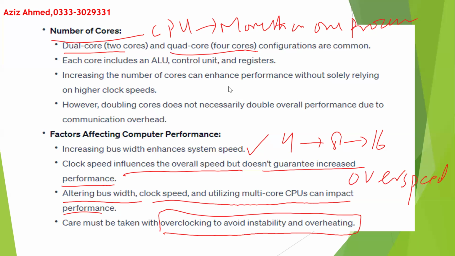When the speed of the computer performance increases, the synchronization of the computer operations is destroyed. Like a vehicle: when you run it more than normal speed, it can hit somewhere.